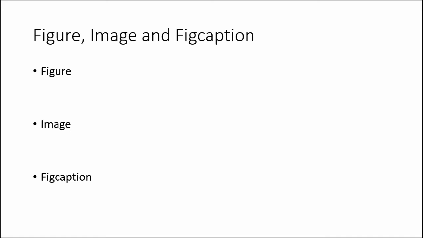Next is figure, image and figure caption. What do these things actually do? Now allow me to show. I am providing this figure HTML tag in order to create a boundary for my image and the figure caption.